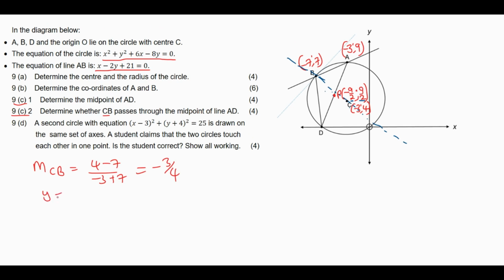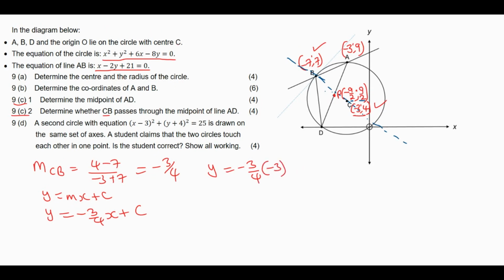Then y is equal to mx plus c, meaning y is equal to negative 3 over 4 x plus c. Now we need to find the value of c, and then we can substitute B or C. We can substitute these coordinates or these coordinates. Let's substitute the coordinates of C. So y is equal to negative 3 over 4 times negative 3.